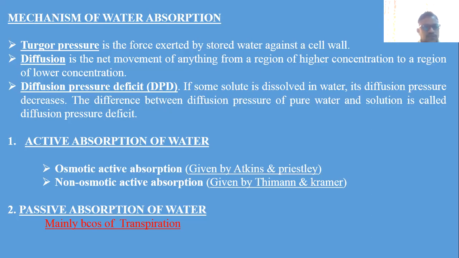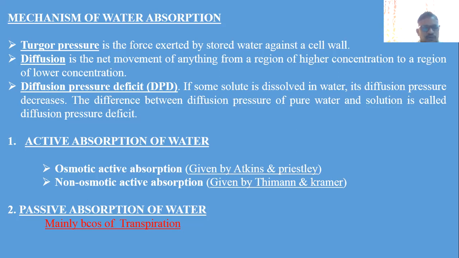Okay, and active absorption of water, where energy is required, has non-osmotic active absorption, which is given by Thimann and Kramer, while osmotic active absorption is given by Atkins and Priestley. Now, in this osmotic active absorption, water is absorbed from the soil into the xylem of the roots according to the osmotic gradient.